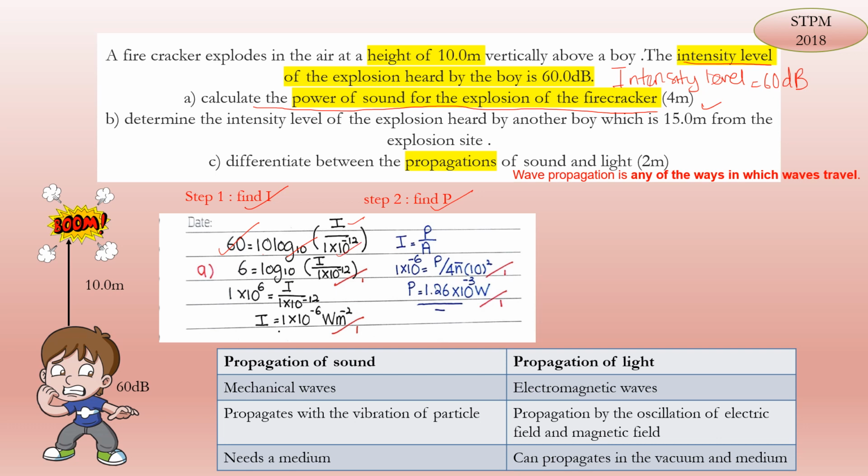Solve this and you get the intensity is 1 times 10 to the power of negative 6 watt per meter square. Then you want to find power, so you go back to the definition formula, put your intensity value here, then your R, because it's a point source. Then you find your power, so you got your answer.